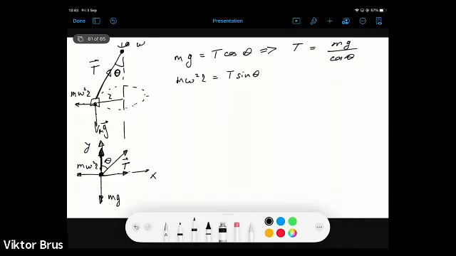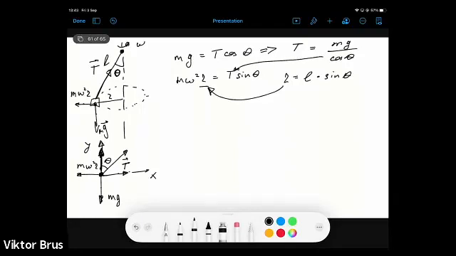And also, we have here r, but what is given is L, the length of the rope. So in order to get r, we can express it with the length of the rope and angle theta. It will be L times sine theta. So now we can substitute r and T here.